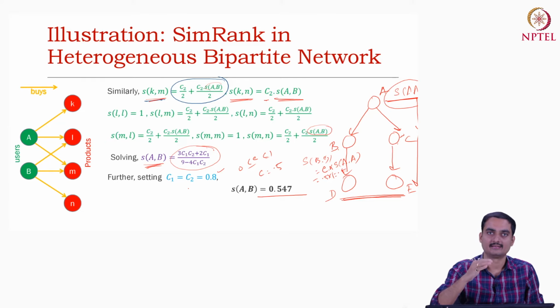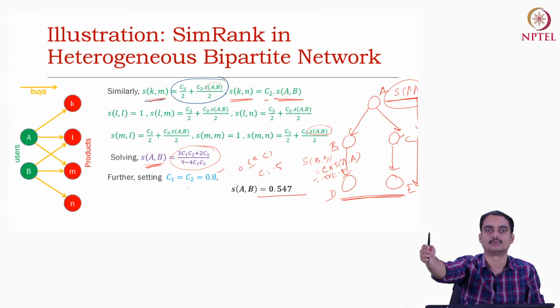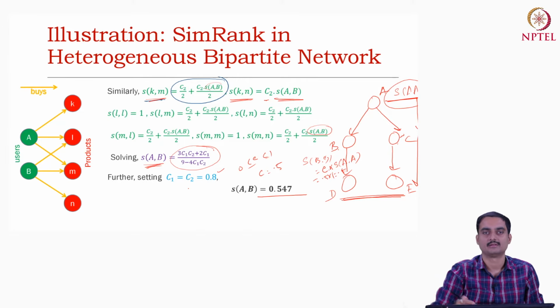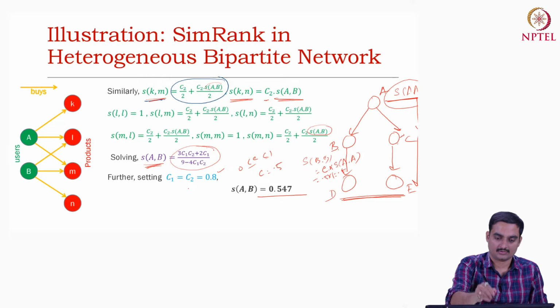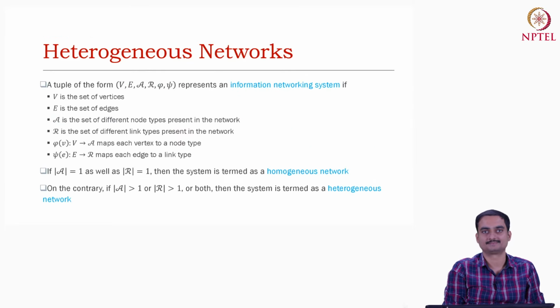So this C gives you lesser and lesser weights as you move further from the given node to the rest of the nodes. This factor C actually ensures this thing. And C can be defined based on your requirement. All right. So this is about SimRank.